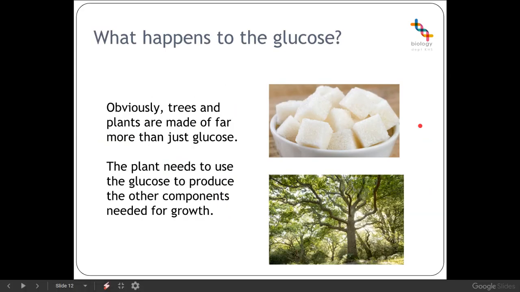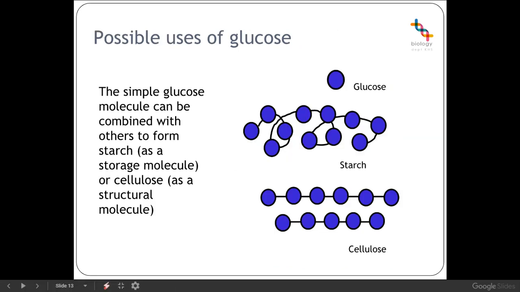Now, obviously, if you look at a tree or a plant, it's not just made of glucose. It's actually going to use that glucose to produce the other components that a tree or a plant might need for some kind of growth. So a simple glucose molecule, this one here, can be combined with others in different forms to form perhaps starch, which could be a storage molecule.